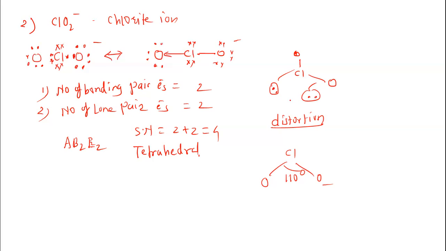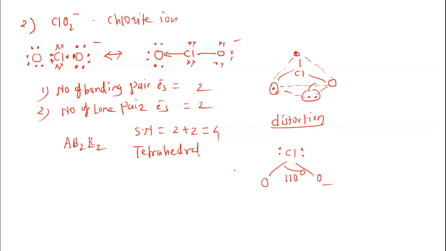Because at two corners of the tetrahedron there is a lone pair of electrons, the lone pair causes distortion to the molecule. So the correct geometry of the molecule can be represented in this way.